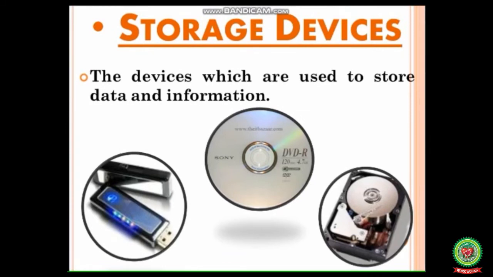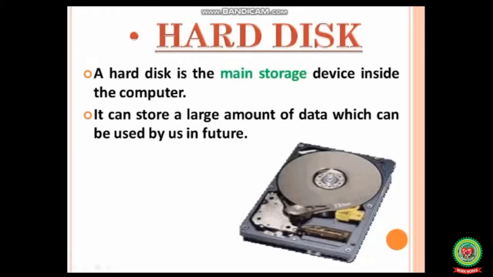Children, the data present in the computer is stored in different storage devices. So we will discuss some common storage devices one by one. The first storage device is hard disk.